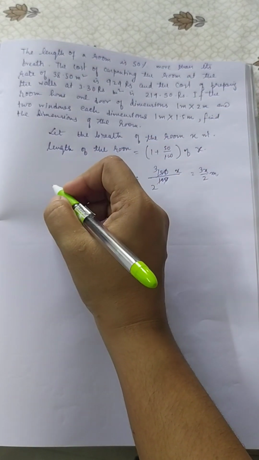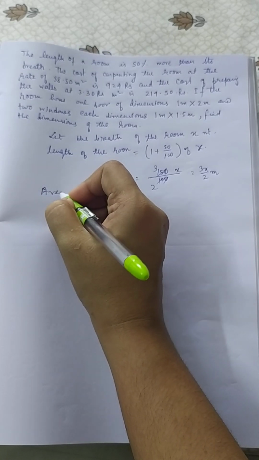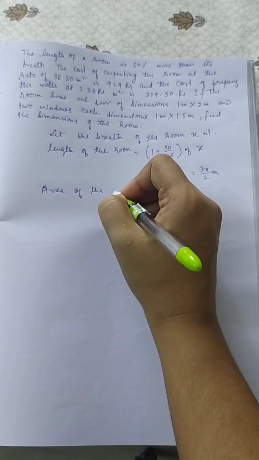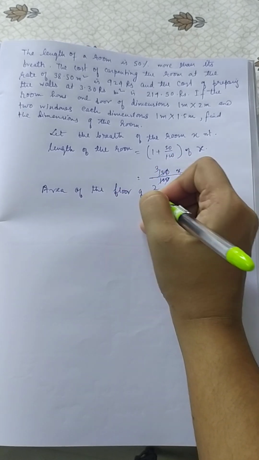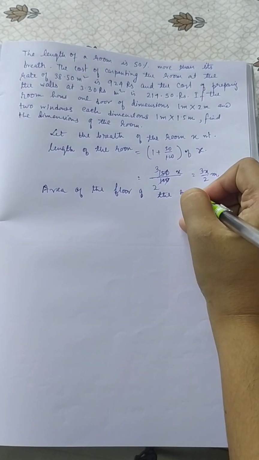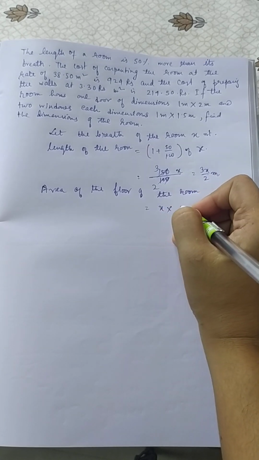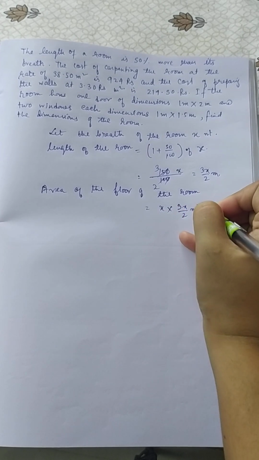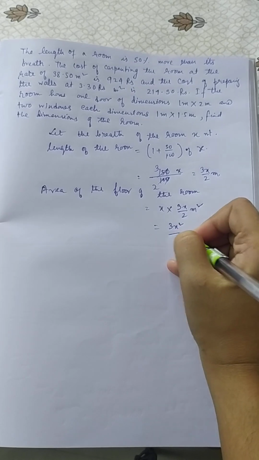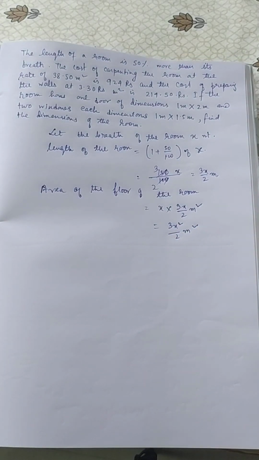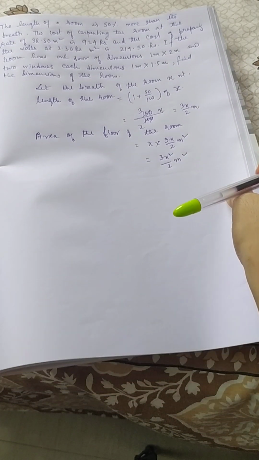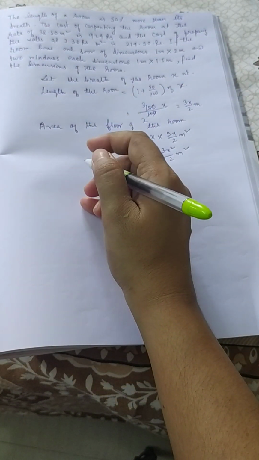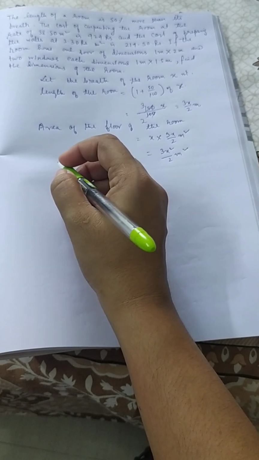Now what will be the area of the room? Area of the floor of the room is x into 3x by 2 meter square, that is 3x square by 2 meter square, right? So we have found out the area of the floor of the room. Now cost of carpeting the room at the rate of rupees 38.50 is given, 924 rupees.